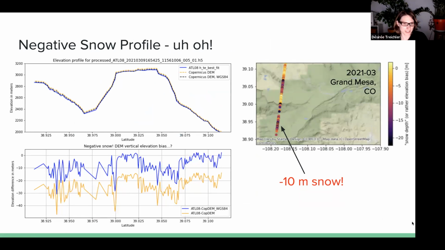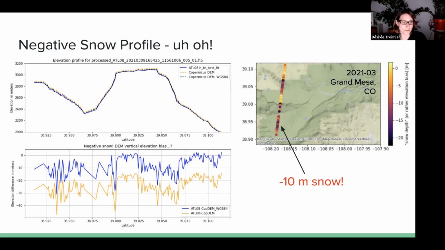So we also tried the Copernicus DEM, and on this slide you can see on the top the profile of the one track with the elevation. In blue, you have the ICESat-2 data, and then there's the Copernicus DEM.